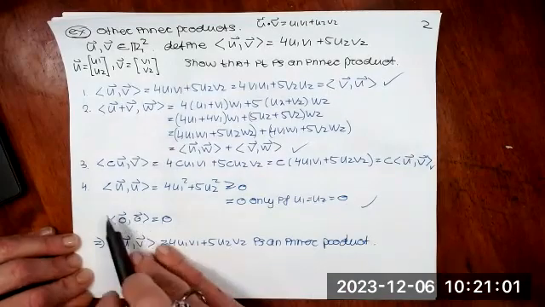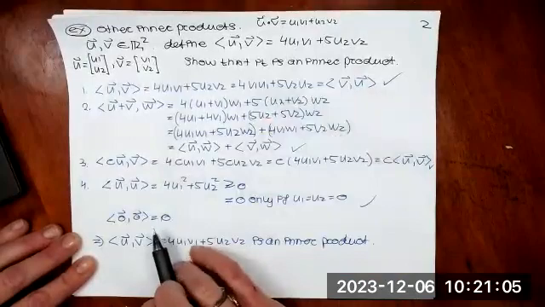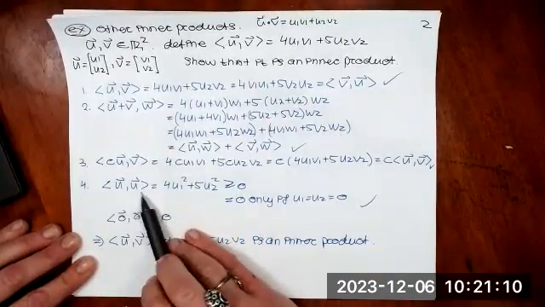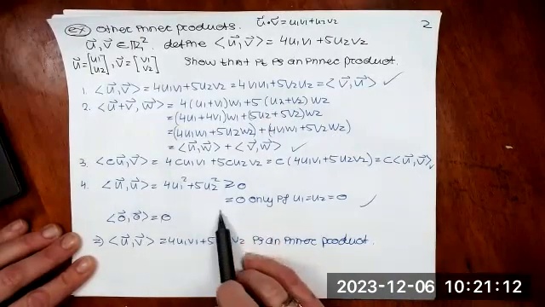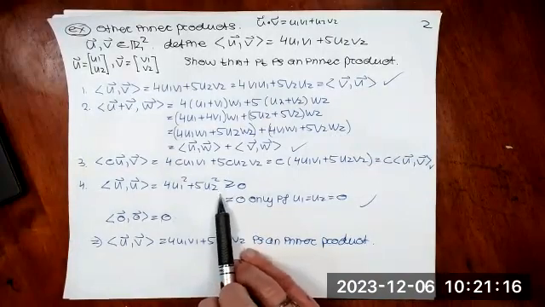And then the fourth condition also holds because it's very similar to my original inner product, since I have 4 and 5 here. U inner product with U is still going to be greater or equal to 0 because I have all positive quantities here.